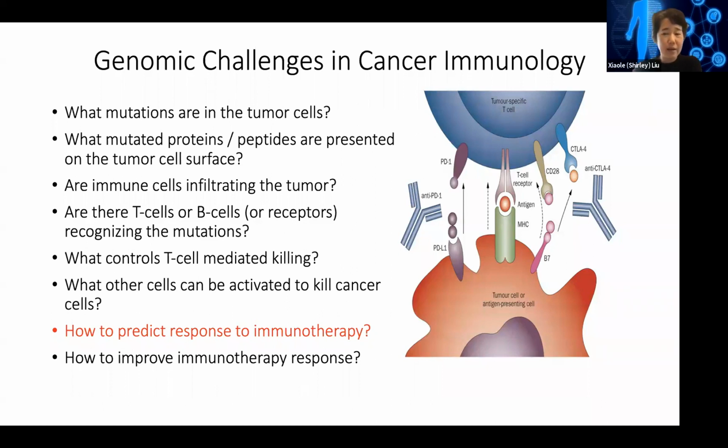For example, as a single therapy for breast cancer, it only works in ER-negative or triple negative breast cancer, and only for less than 20%. In non-small cell lung cancer, it's also about 20, 30% as a monotherapy. With melanoma, it's probably 30, 40%.